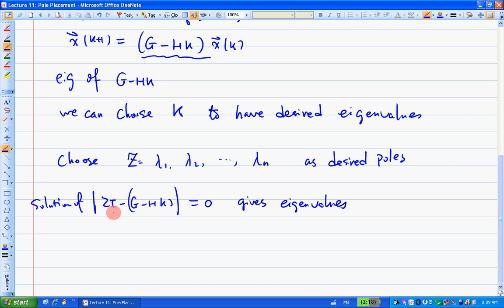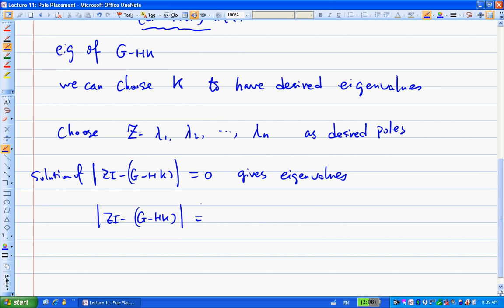So what we want, looking at the relationship here, is this: zI minus G minus HK. We want this guy to have poles, or eigenvalues, at lambda 1, lambda 2 to lambda n. Yeah, that's what we want.